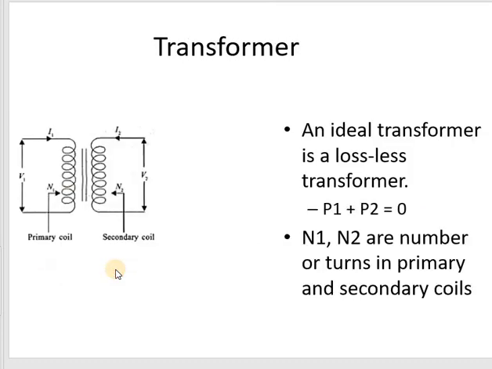An ideal transformer is a transformer that works without power loss, meaning that the power difference between the primary circuit and the secondary circuit shall be equal to 0. The number of turns of the coil is normally termed N, so it could be NS as the number of turns in the secondary coil, or N1, N2. You can name it anything basically.